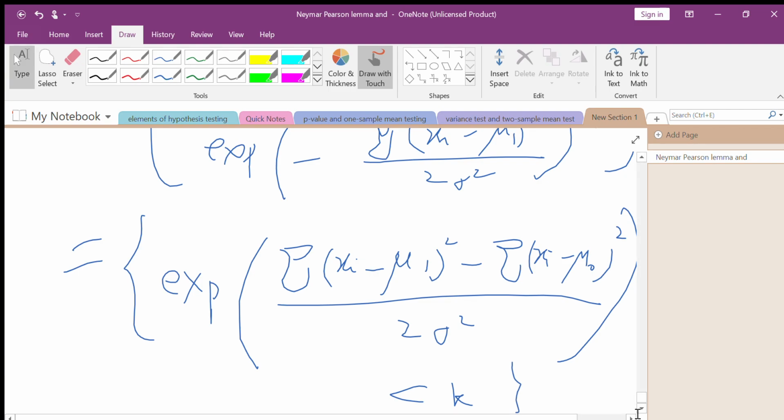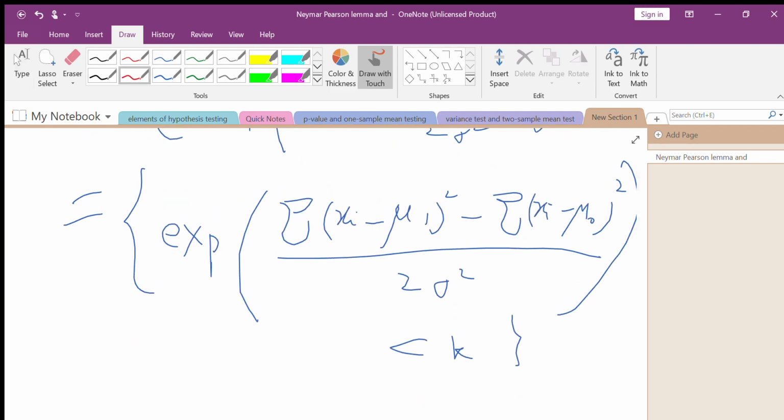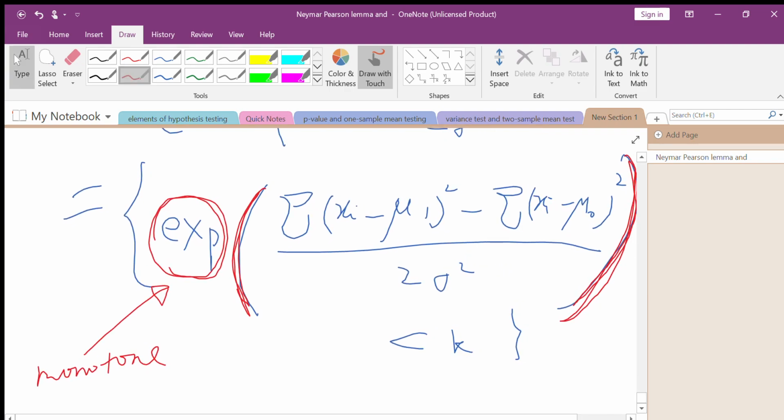Let's make an observation: the exponential is a monotone transformation, which means if you take log on this side and log k, the set does not change.